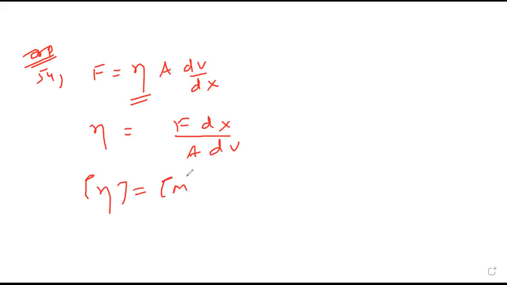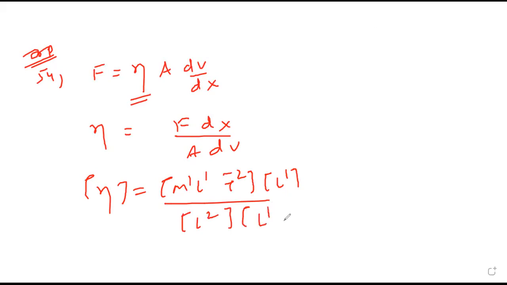F means M1 L1 T minus 2, dx is L1, area is L2, dv is meter per second. So we get M1, L1 cancels with L2, giving M1 L minus 1 T minus 1. Option A.